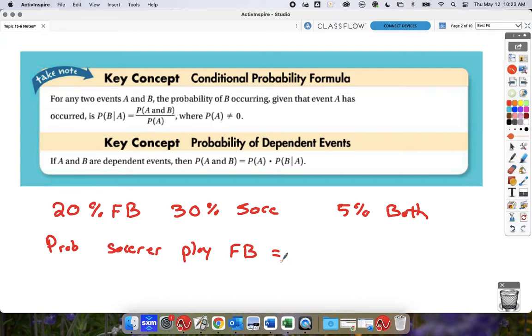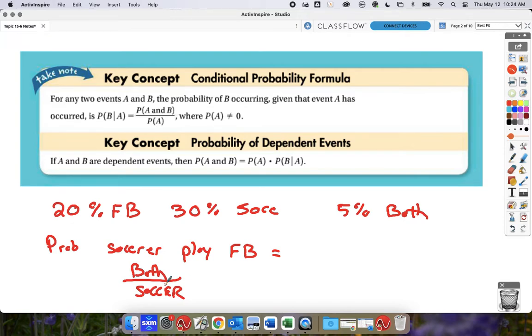They have to be a soccer player. That's our given statement. Now, what do you call it if they are a soccer player that plays football? They're both. So what's the probability of both? 5%. So that's going to be both over soccer.